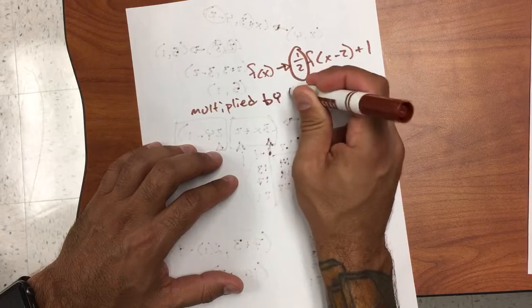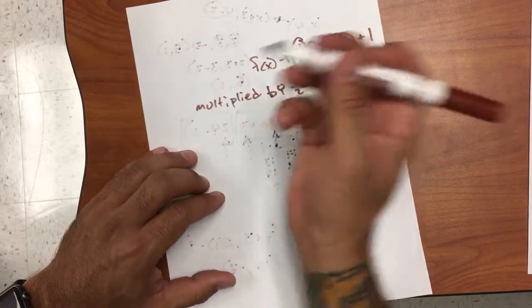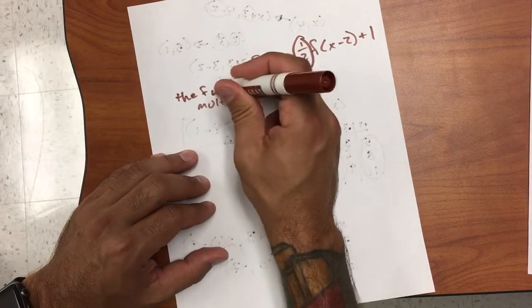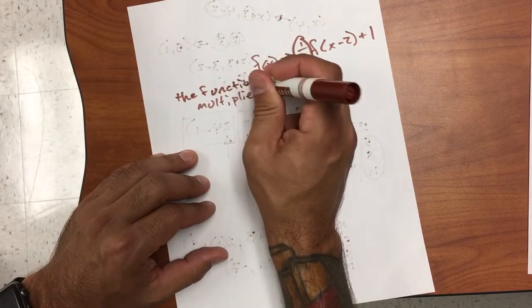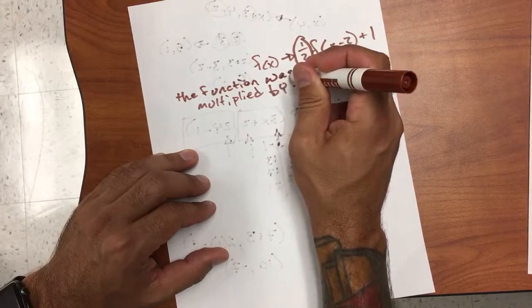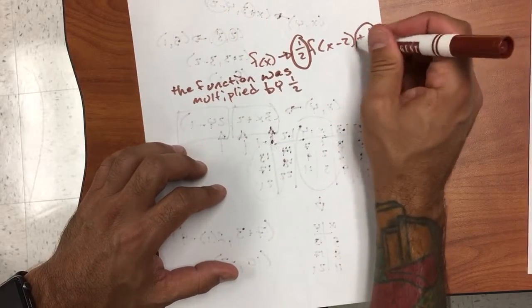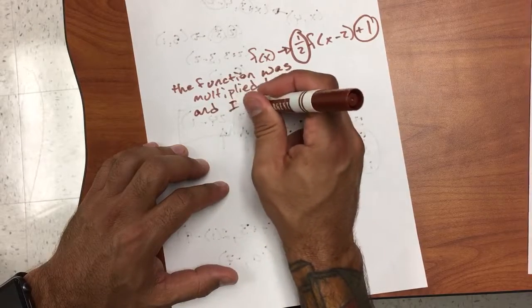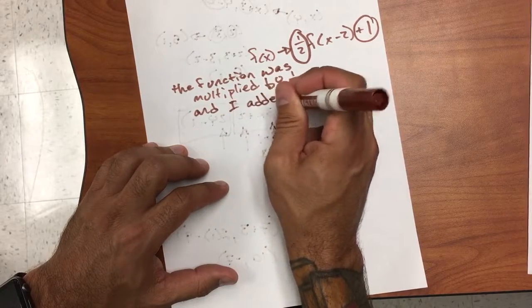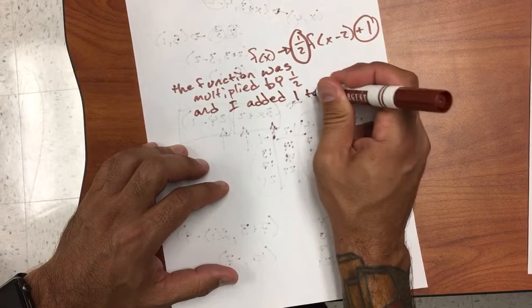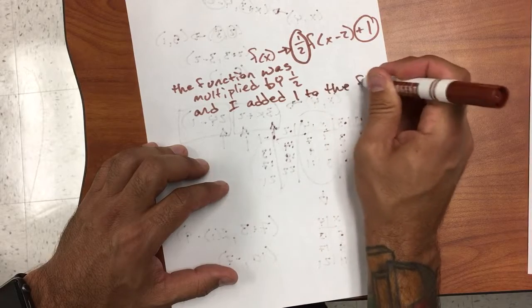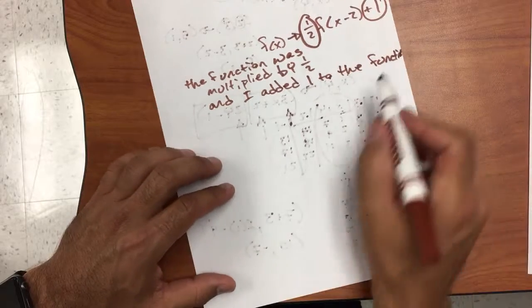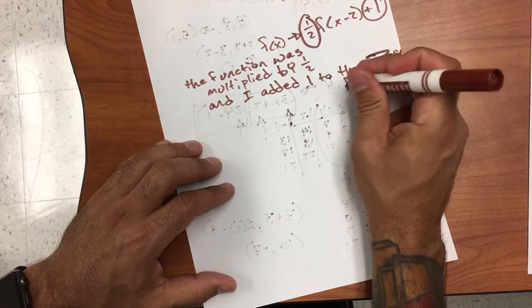The function was multiplied by 1/2. And then also I added 1 to the function. Sorry, I ran out of room. I'll rewrite it. To the function.